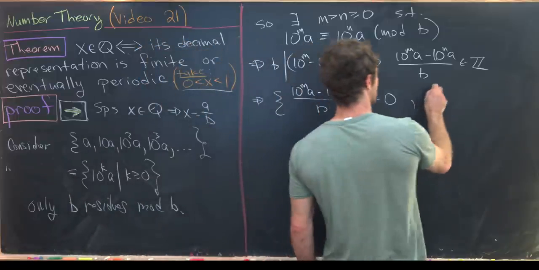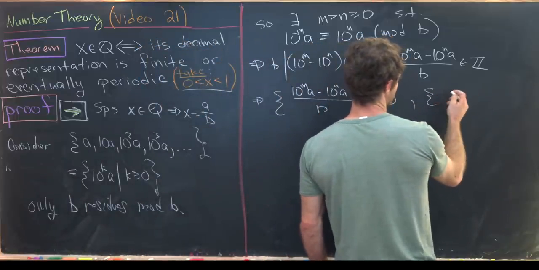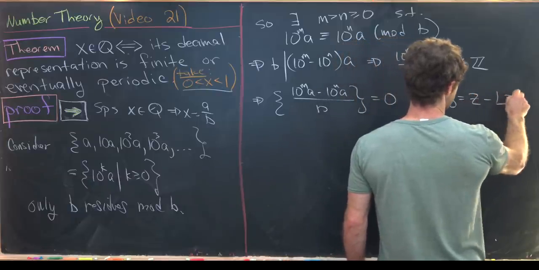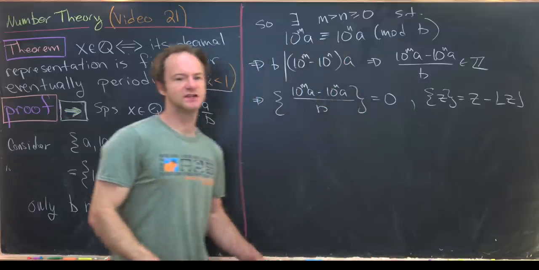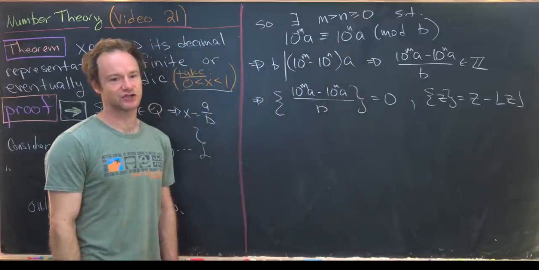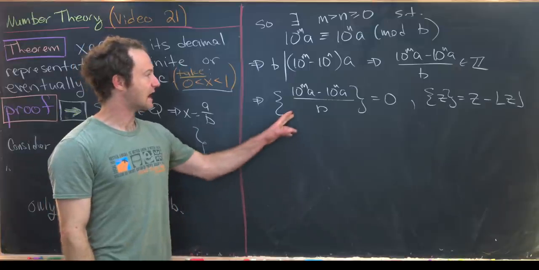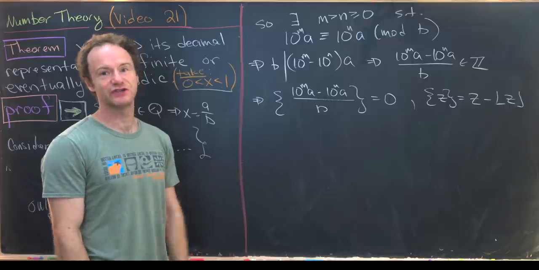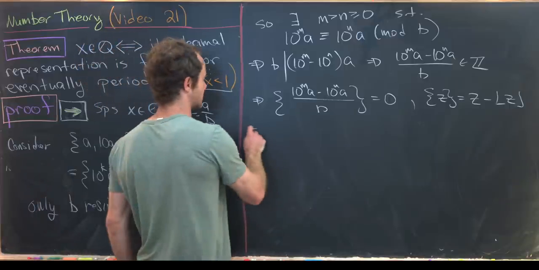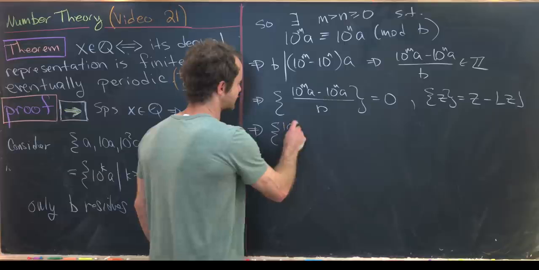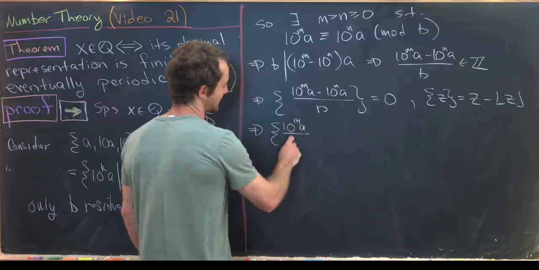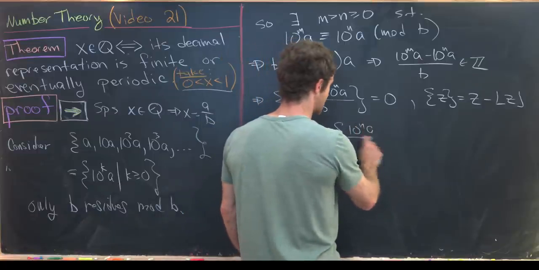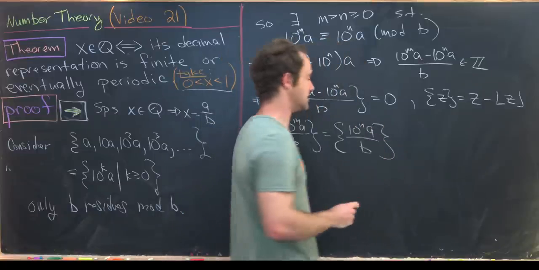So again, just to reiterate, the fractional part of a number z is equal to z minus the floor of z. So it's the number minus the integer part. Okay. But now if the difference of these two numbers has no fractional part, that means they individually have the same fractional part. So in other words, we have the fractional part of 10 to the m times a over b is equal to the fractional part of 10 to the n times a over b.